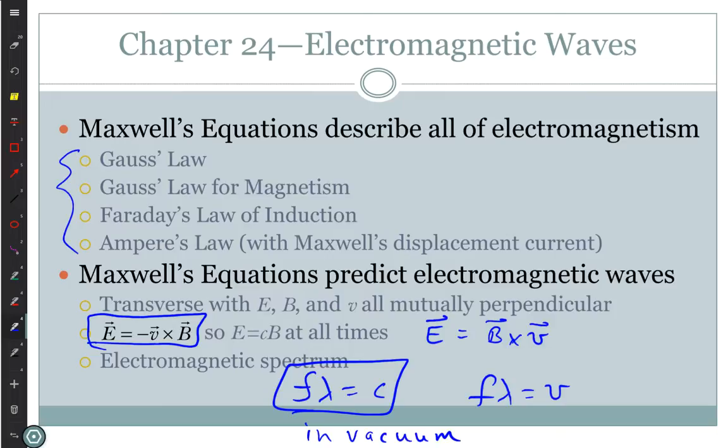Air is very close to vacuum, so if it's going in air, we'll still use that relationship. If it's going through water, the speed of light in water is, I think, about 2/3 the speed of light in air. Speed of light in diamond is really slow.